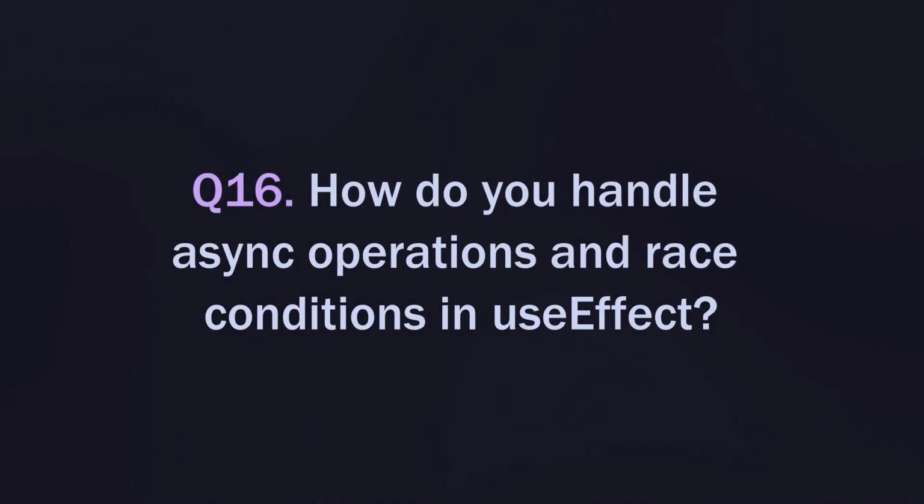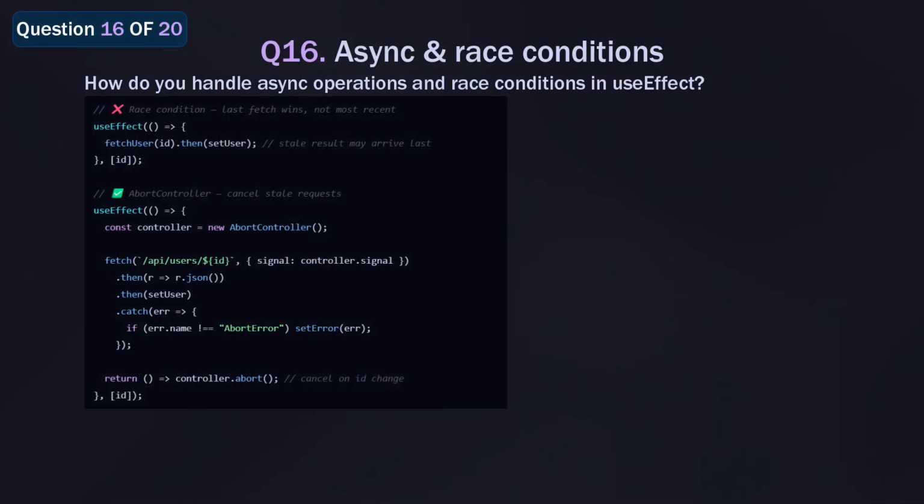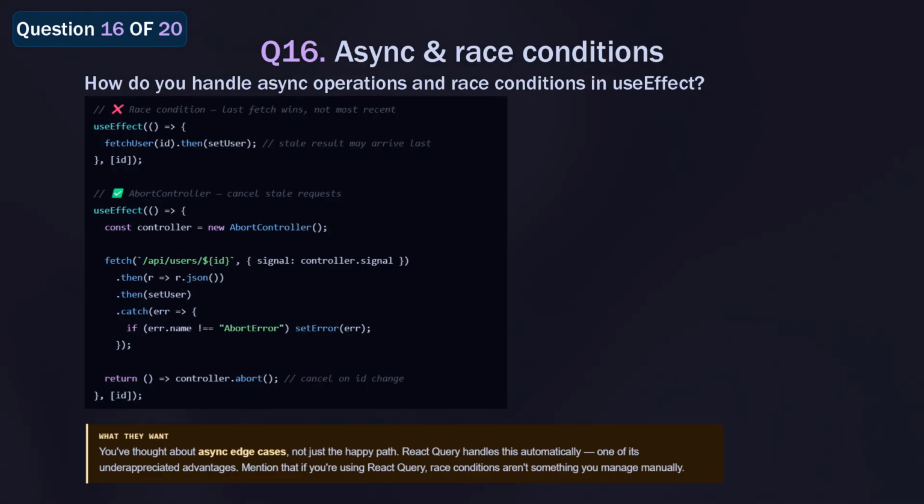How do you handle async operations and race conditions in useEffect? The race condition: if a component fetches data when an ID prop changes, and the user changes the ID quickly, multiple fetches can be in flight simultaneously. The last one to resolve wins, which might not be the most recent request. The solution is cleanup.